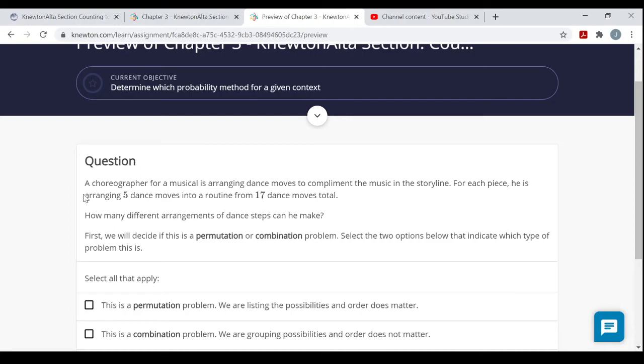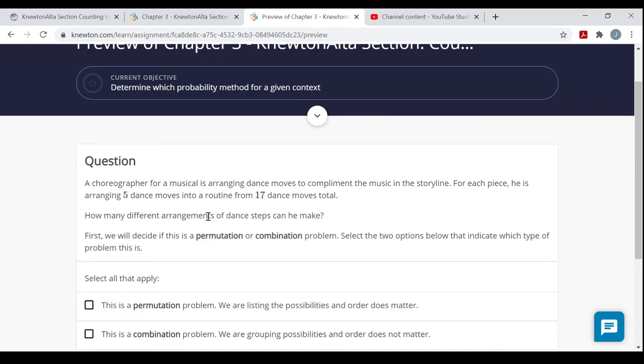You've got the word arranging, arrangements. Order matters here. Say he has a tap element and then a jazz element.